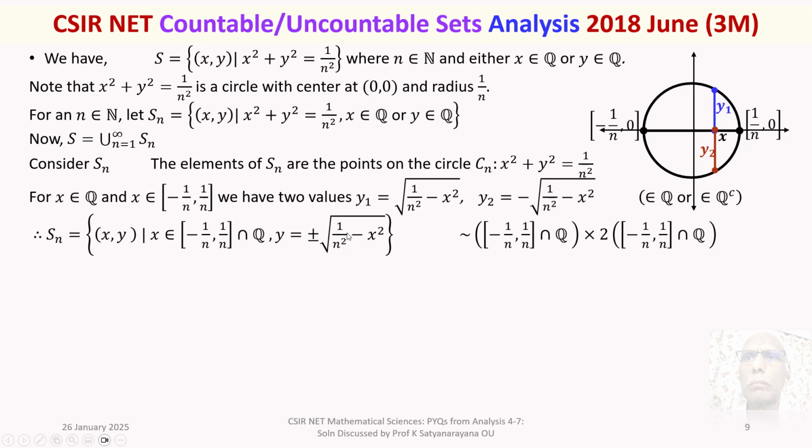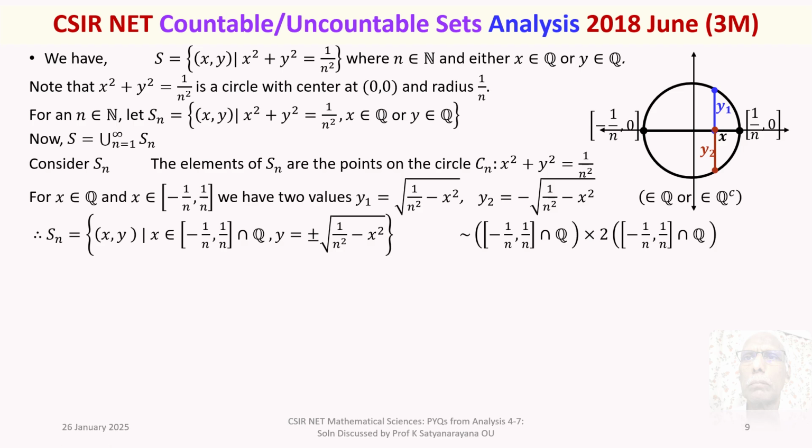Whether they are rational or irrational, we are not worried, we are only worried about how many: 2 elements. So how many of these? These are the closed interval -1/n to +1/n intersection Q, multiplied by 2 times this one. And how many of these? As many as there are in Q, because the set Q of rational numbers is countable.